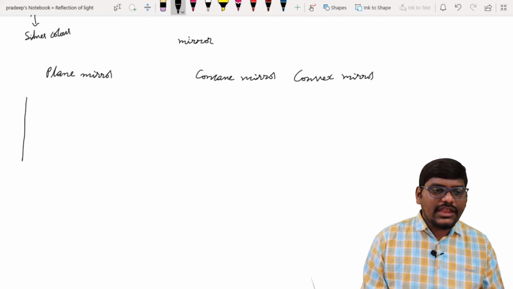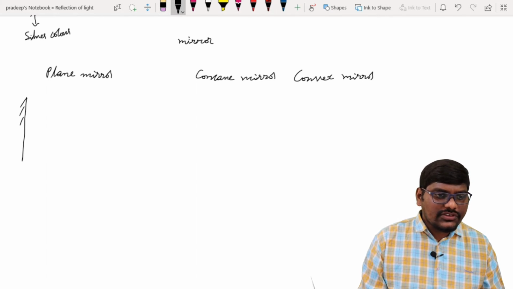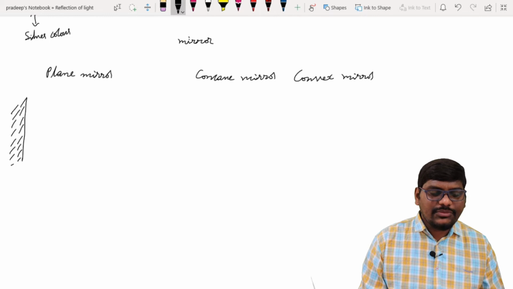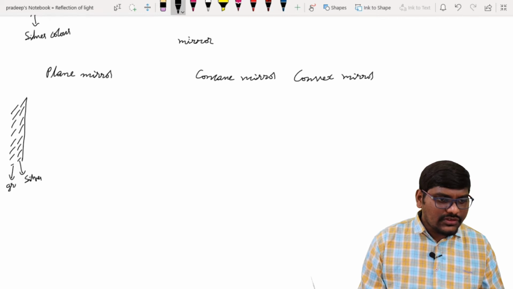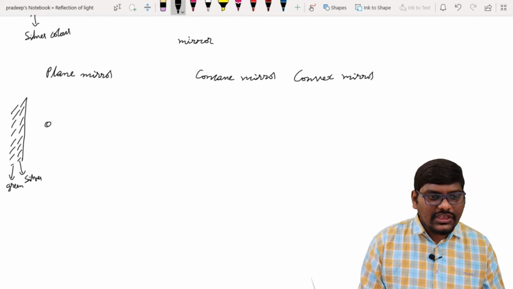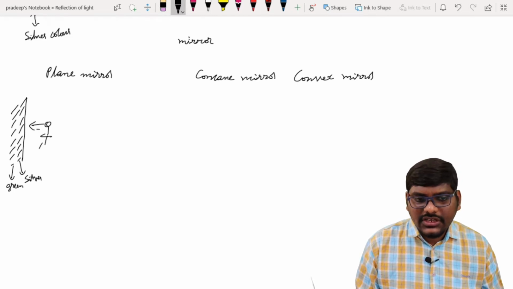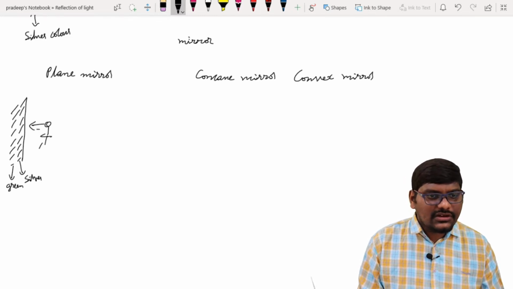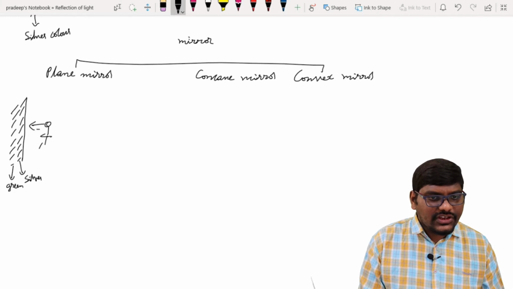As I just said, the plain mirror is just coated with a silver painting, and on that one more dark color is painted. As we have taken in the example, the first color is silver and the next coating is green. So now you can clearly see your own image over here. Now what is a concave mirror? Mirrors are three, right? So this is the concave mirror, the second one.